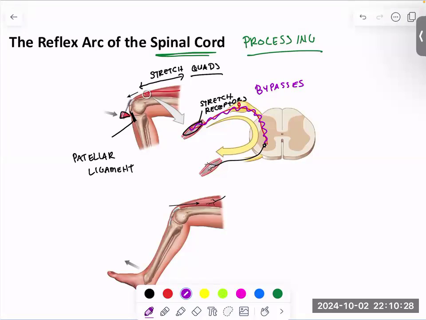It's instantaneously going to recruit muscle. It's going to send a motor signal to tell the muscles of your quads to contract. That way, they don't stretch. When the quads contract, what do they do? Kick your doctor.